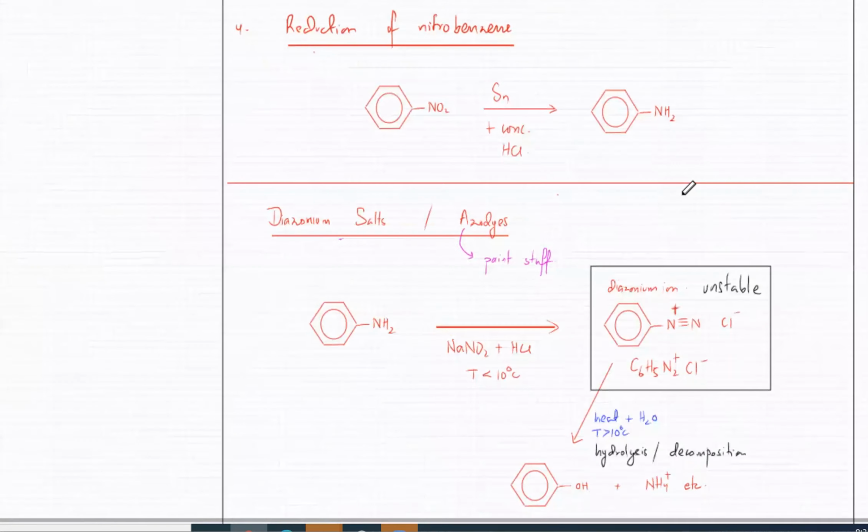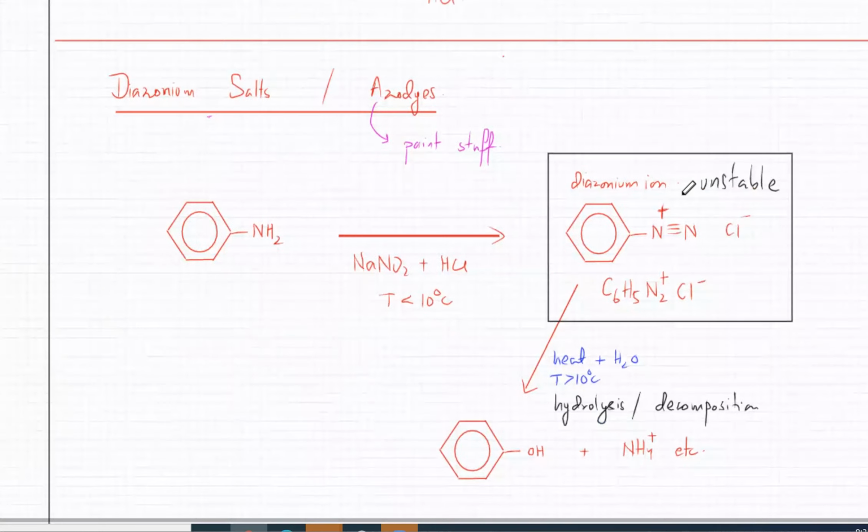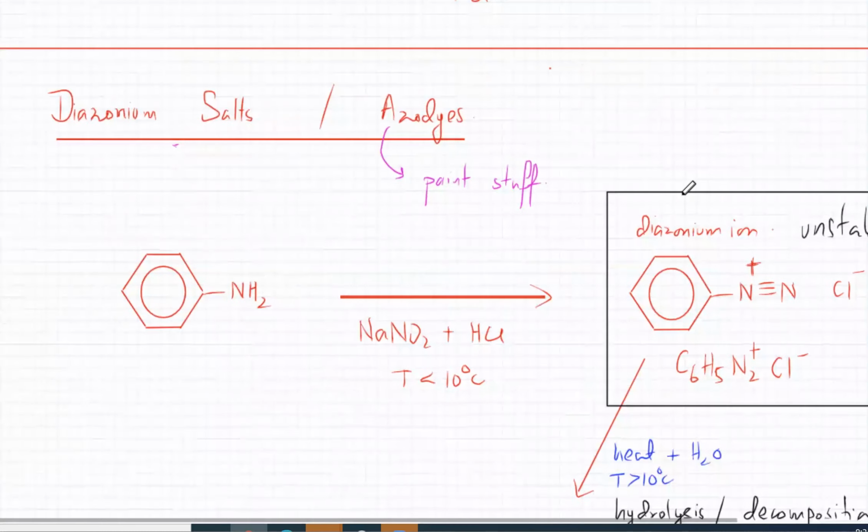We did diazonium salts or azodyes, which was that azodyes are paint stuff, they're dye stuff. Most of the dyes, clothing, etc., car paints, etc., they need to be very stable. They should not change. When you paint a door, if you paint it in red color, you expect it to remain red for a very long time. So that means they have to be really, really stable.